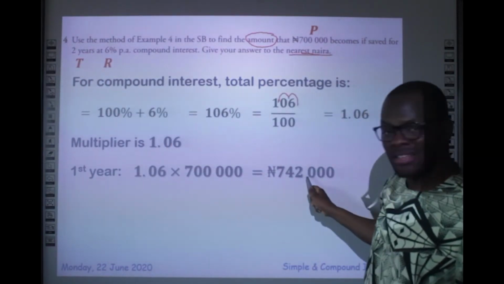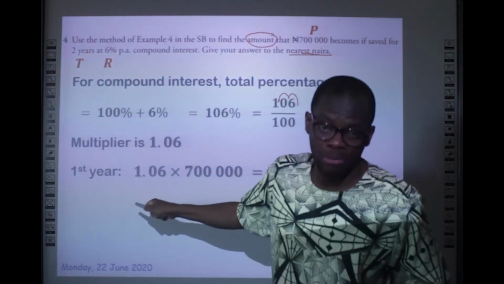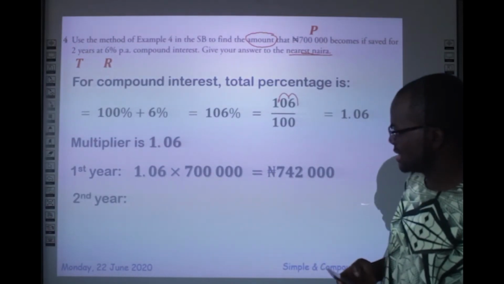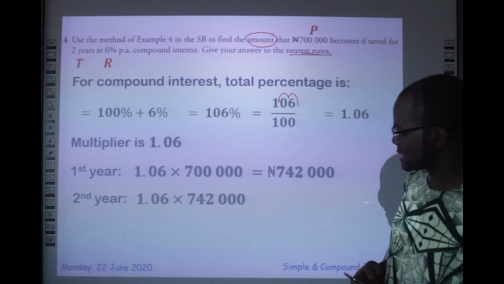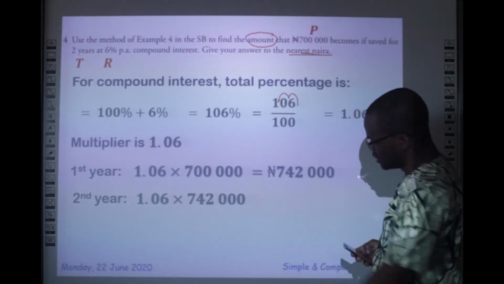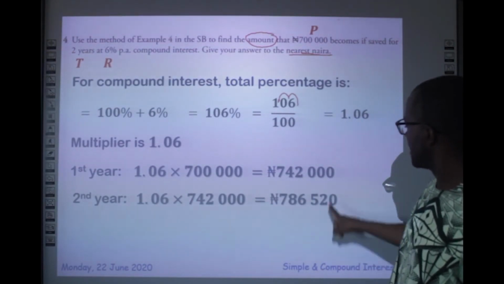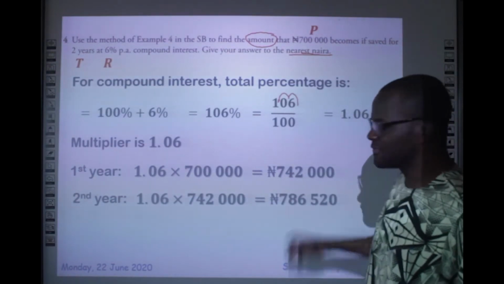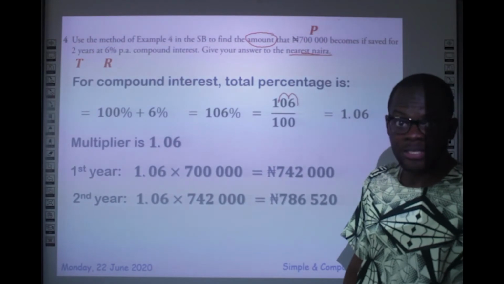This value at the end of the first year now becomes your principal at the beginning of the second year. Alright, so when we get to the second year, again still using the same multiplier of 1.06, you multiply that by the 742,000 and you have 786,520. So that is what you have at the end of the second year.